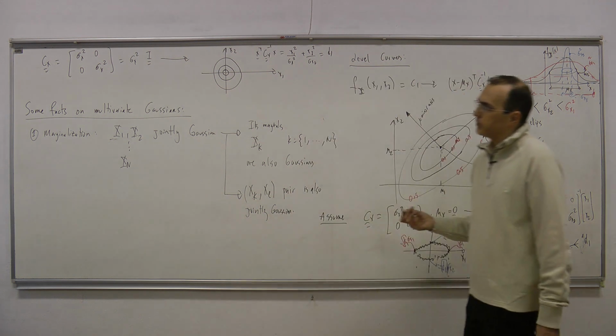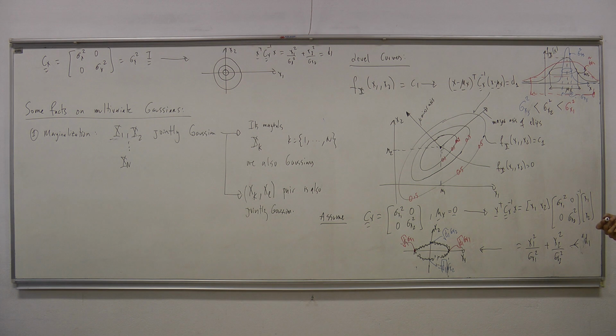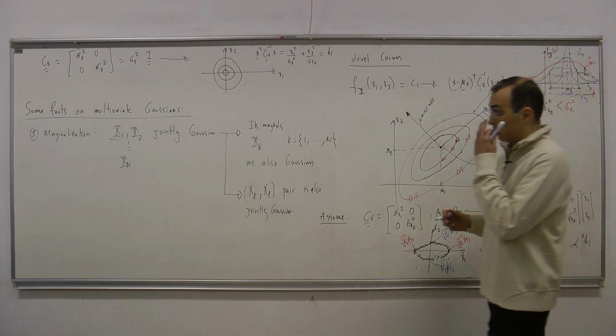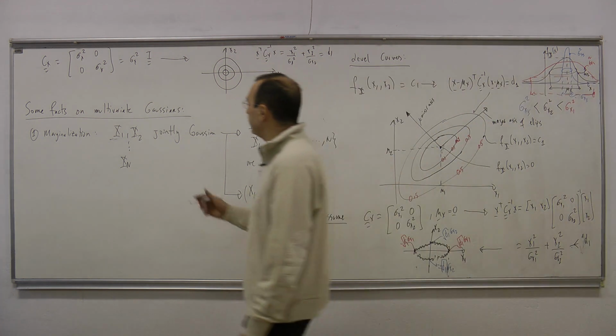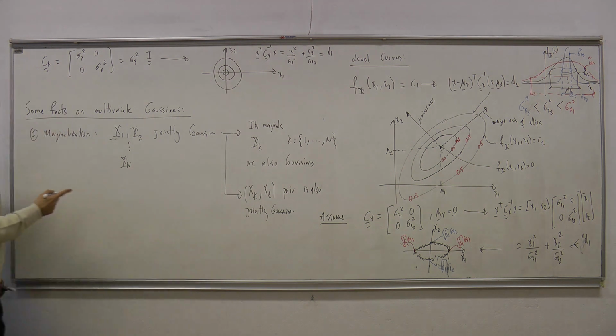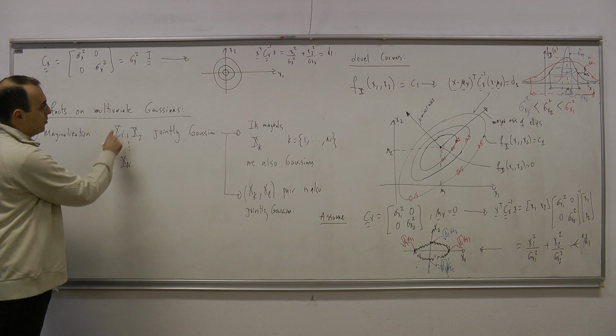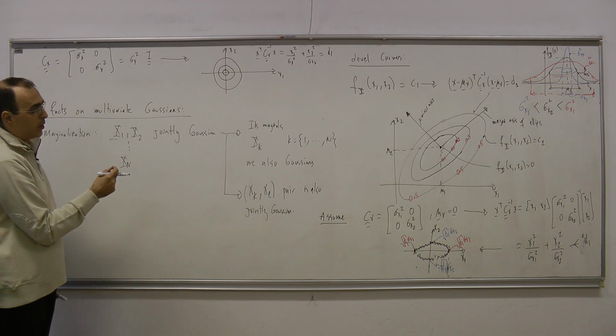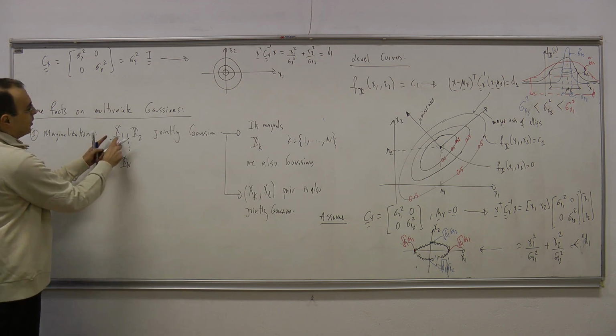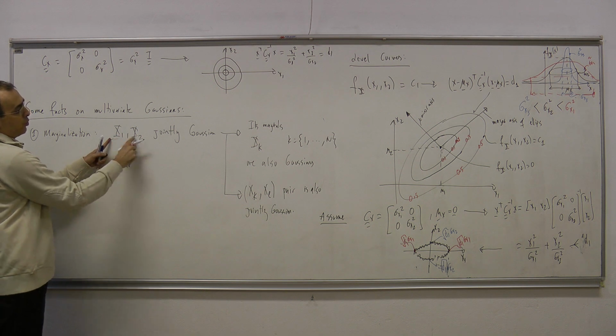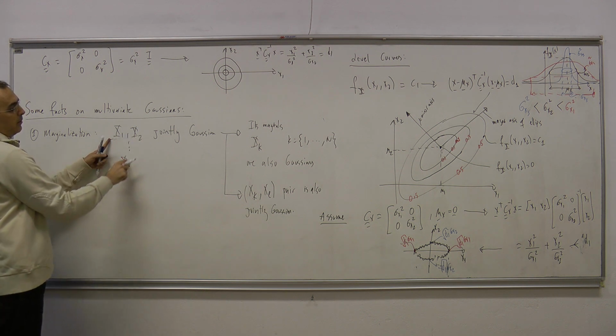I'm not proving this, but its proof is not very complicated. The simplest proof for this one uses moment generating functions, okay? For multiple variables, you do a substitution in the moment generating function. For example, you have the moment generating function for the joint distribution of n random variables.